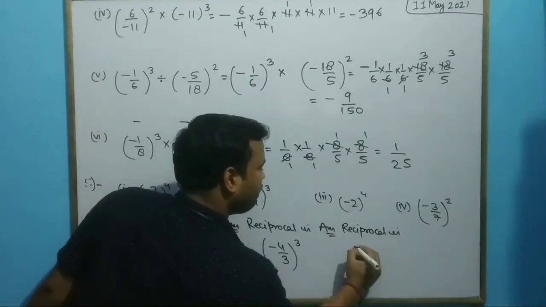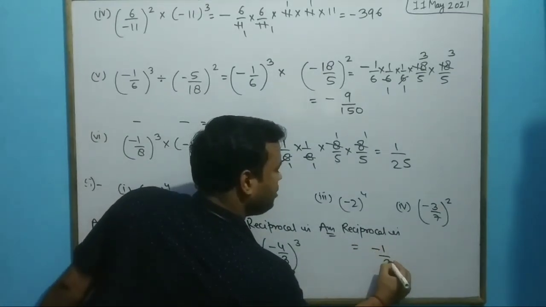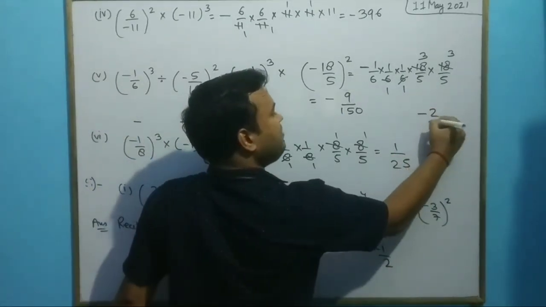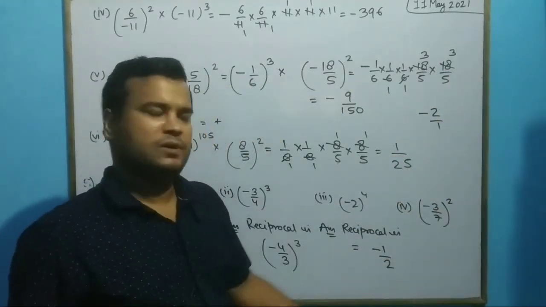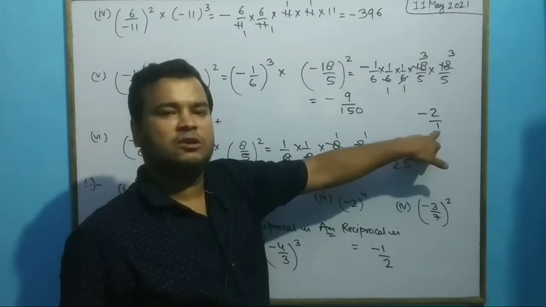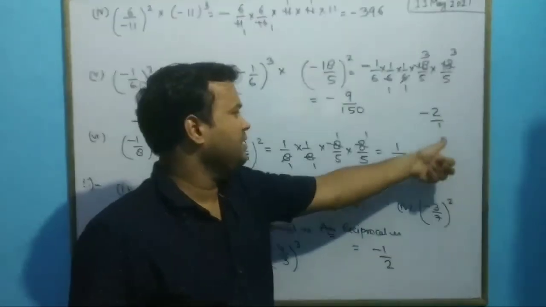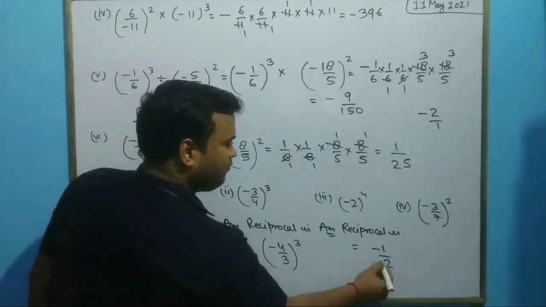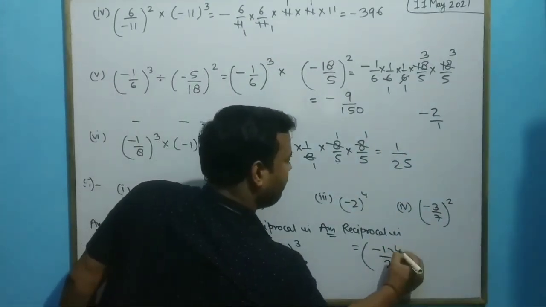Minus will be there, and minus 2 can be written as minus 2 by 1. When there is nothing in the denominator, we can take 1 as the denominator. So 1 becomes the numerator and 2 the denominator. It will be minus 1 by 2 and the power is 4.